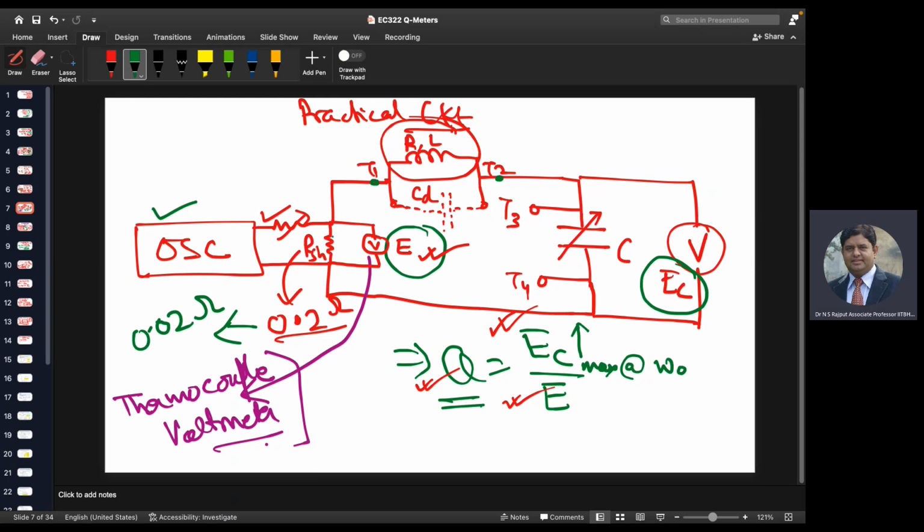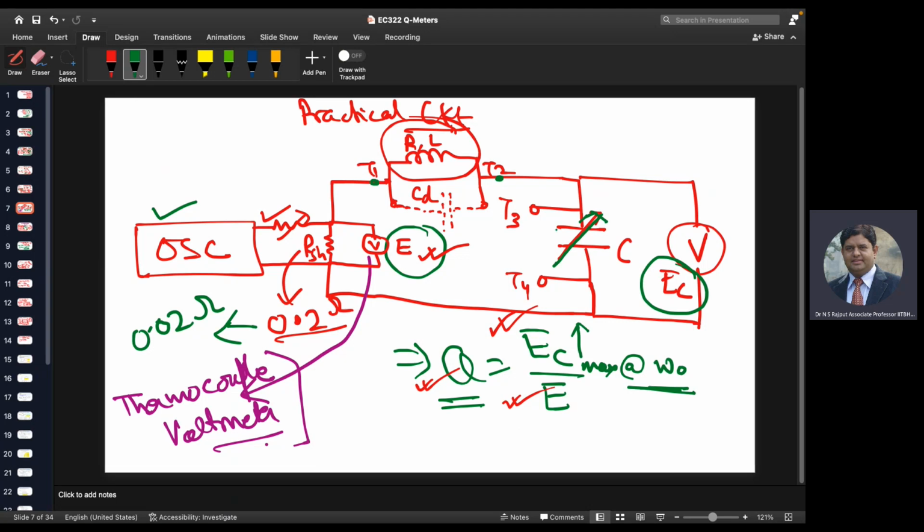And a voltage drop will be generated. Now this voltage drop is applied on this RLC circuit, where C is a variable. So now what will happen? We will start varying this capacitor value, and accordingly find resonance at omega naught.